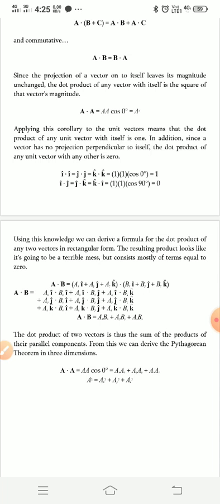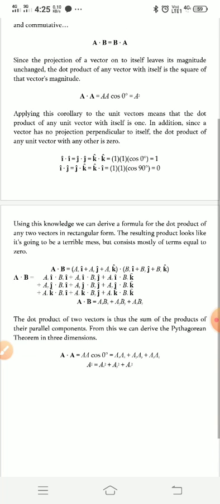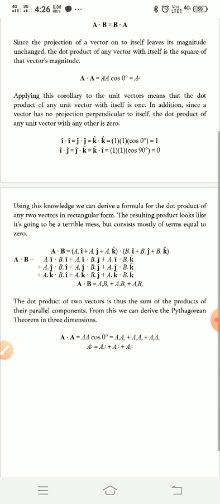Therefore i dot i or j dot j or k dot k will be equal to 1 into cos of 0 degree, that is 1. By same logic, i dot j equal to j dot k equal to k dot i is equal to 0.